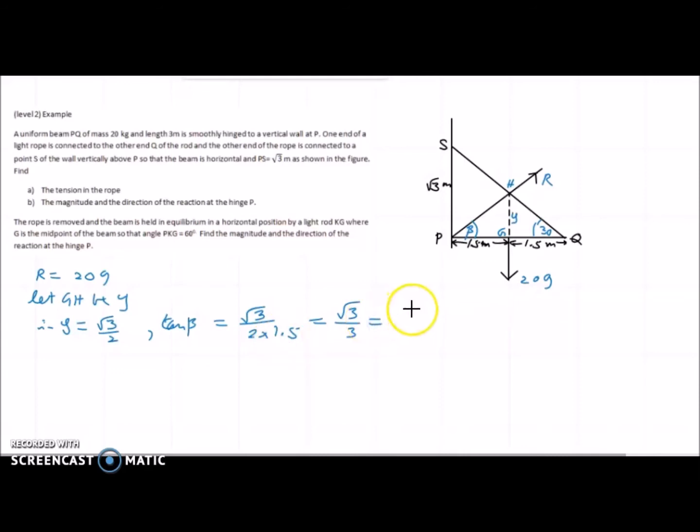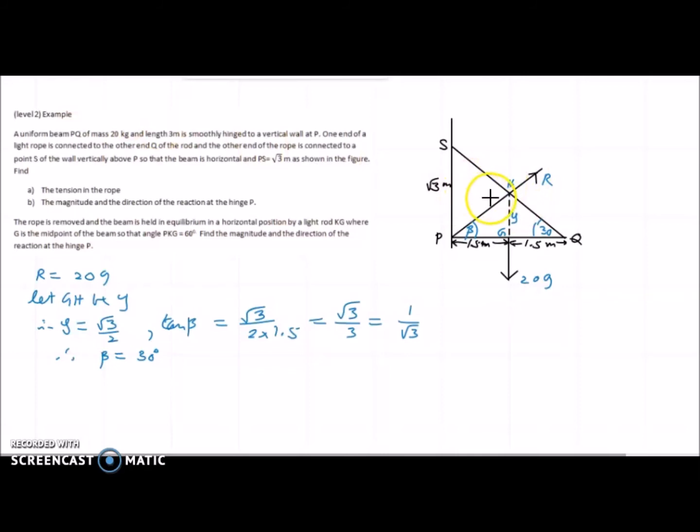This is equal to 1 over root 3. Tan beta equals 1 over root 3. Then what is beta? Therefore, beta equals 30 degrees. This angle equals 30 degrees. Then we know the direction of R.